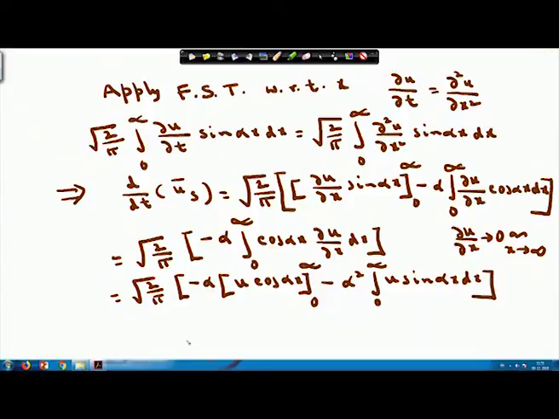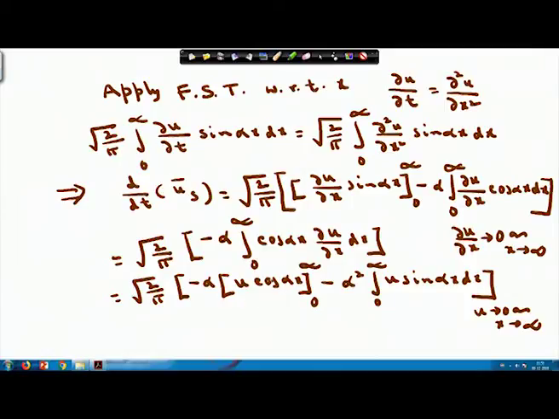So, after integration by parts you will obtain this. Please note that u approaches 0 as x approaches infinity over here, and also the value is 0.